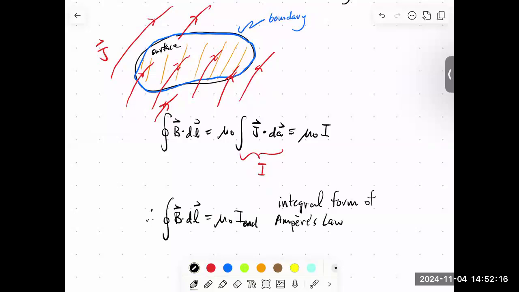This is how much current penetrates through or passes through our surface. So this is the total current passing through our surface, S.